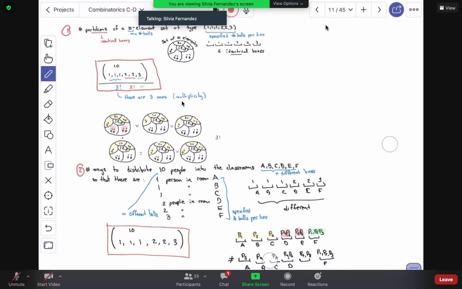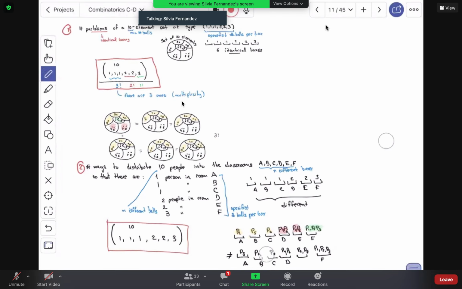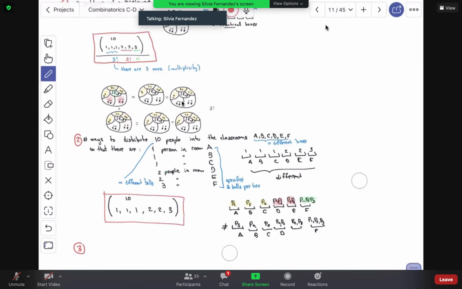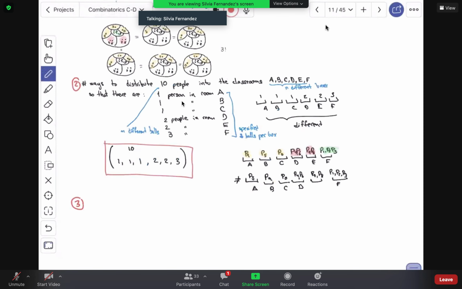And so let me give you one more example, which is when I specify the numbers, the rooms are still different. I specify the numbers 1, 1, 1, 2, 2, 3, but I can have 3 people in room A, let's say, instead of room F. So number of ways to distribute 10 people into the classrooms.